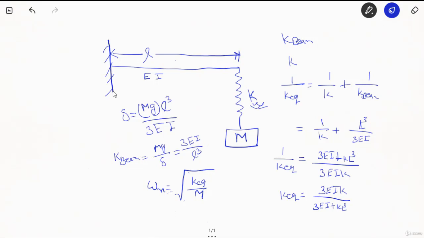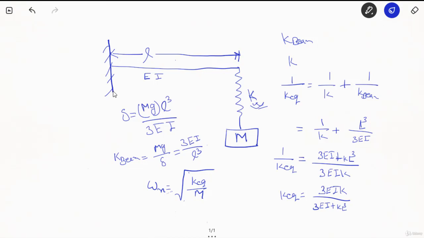So the main issue in this sort of problem is that we need to firstly identify the parallel and the series case. Then the problem will become very easy since we have already cleared the concept of getting stiffness for different cases in the previous series.